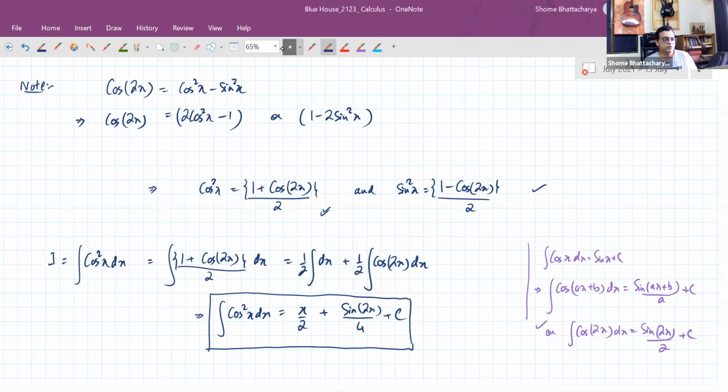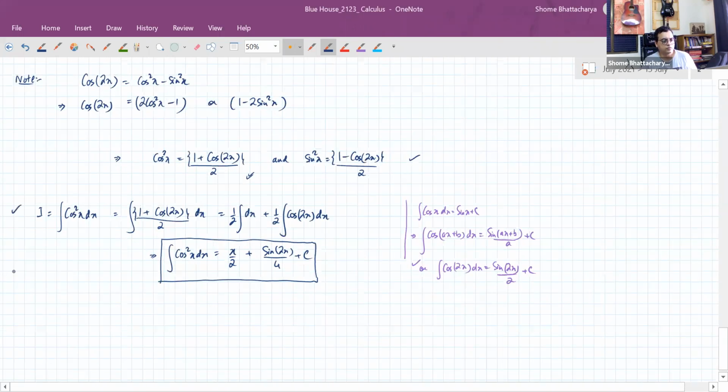Okay, now similarly, you can also understand if we had integral of sin square x, we'd use the same kind of identity. We'd express sin square x from here as 1 minus cos 2x.